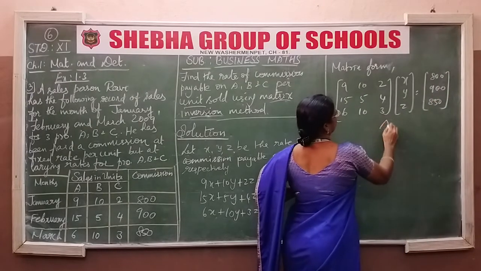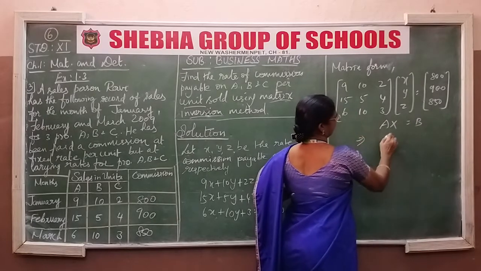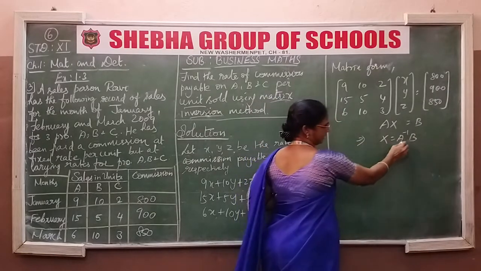Okay. So we write this as A x equal to B, which implies x is equal to A inverse B. Okay, first find A inverse.